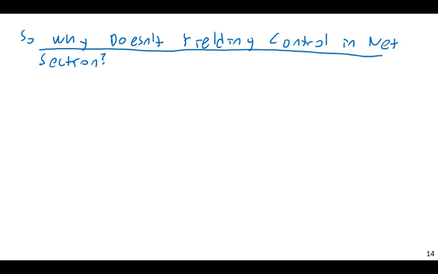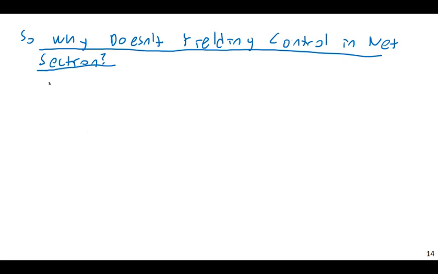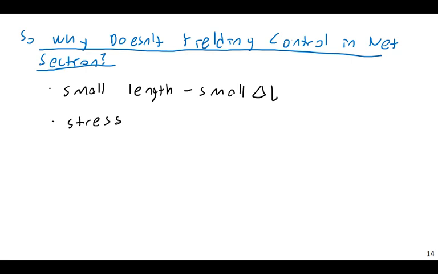And this will be my final note for today. First, the main thing is that you have a small length. That means a very small delta L, as we saw earlier. And because of that, if we look at this from the point of stress-strain, the strain rapidly goes into strain hardening.